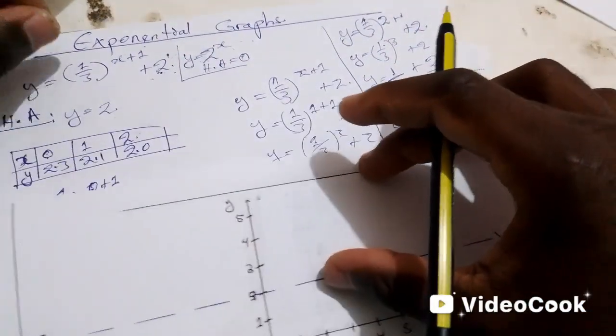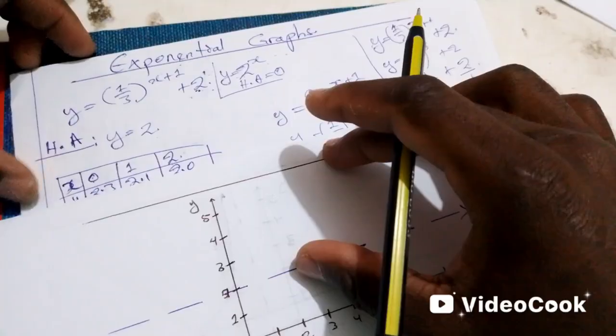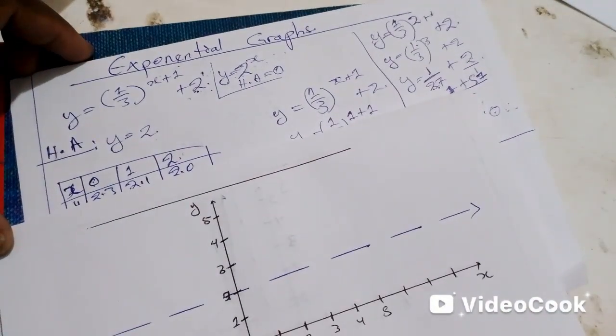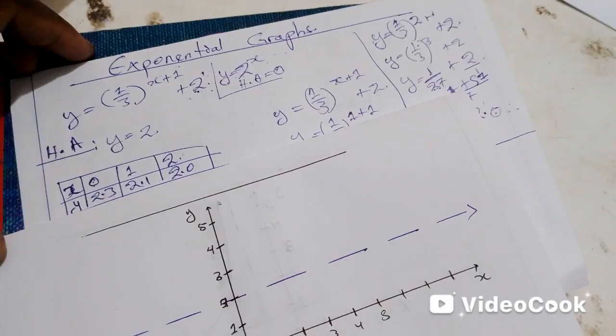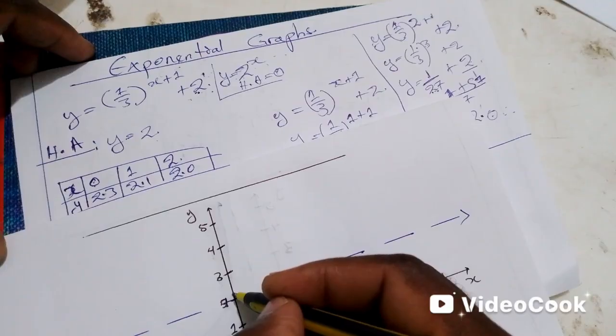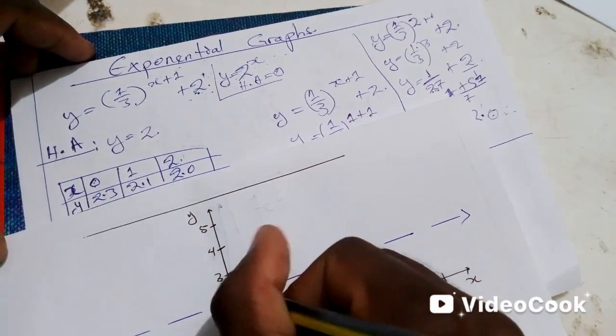So our points, as you can see, are here. Our horizontal asymptote was 2, and then our points: when x is 0, y is 2.3. That is somewhere here, since this is 2. As you can see, people, this graph is not touching 2.